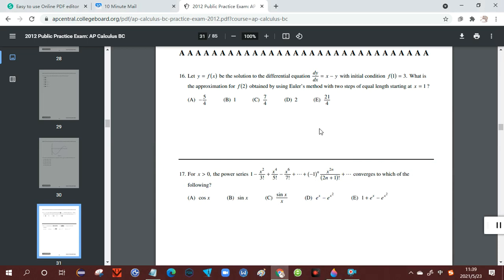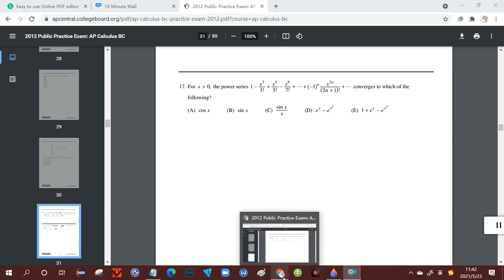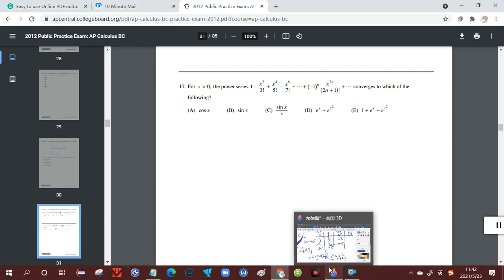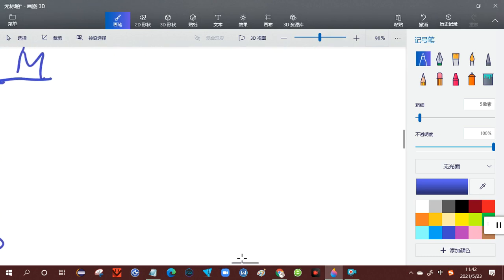Let's look at problem 17. Looking at this problem, we know that the fastest way to solve it is to test the choices one by one through their power series. So let's try sin x first.